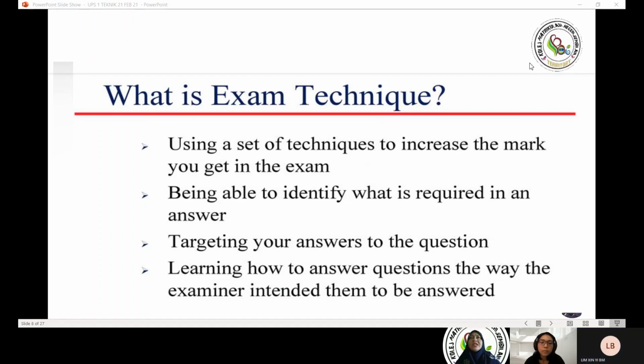Nanti you kena faham objektif, jawapan dah ada, you just choose a best answer, and there will be a distractor yang akan distract kamu. Distractor yang baik ialah dia akan menyebabkan kamu tend to choose the distractor instead of the jawapan yang betul.